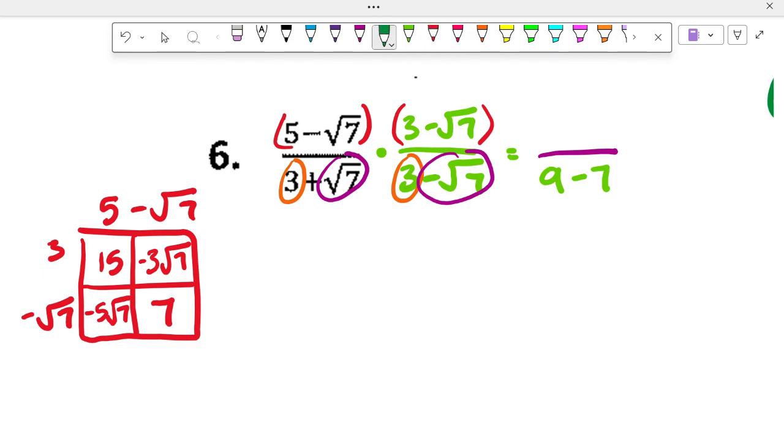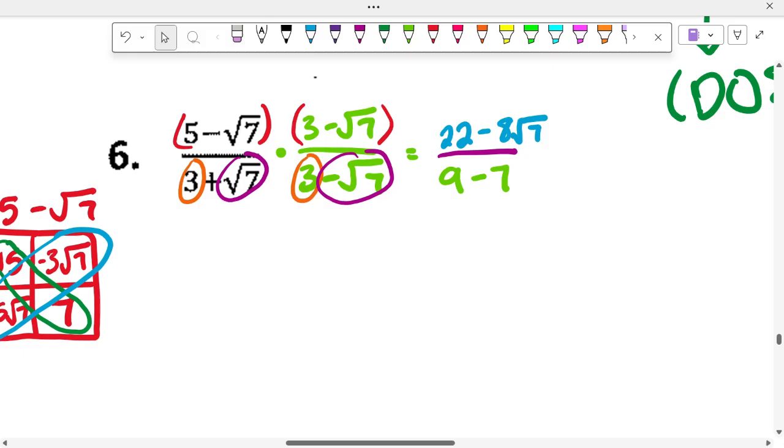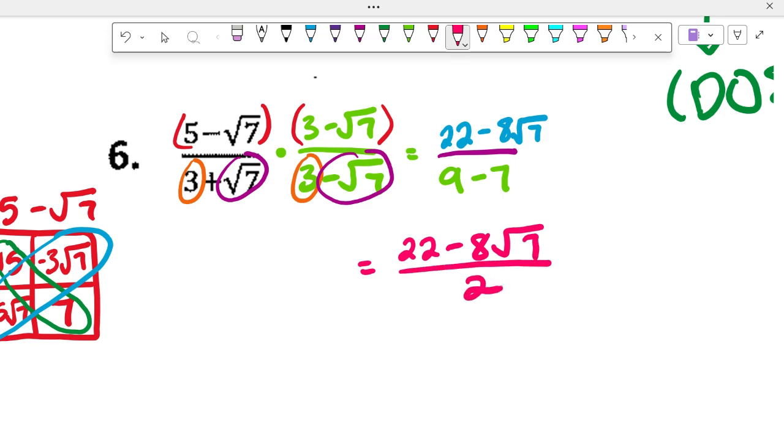So if I pull everything out and combine like terms, my like terms are here and here. So what's 15 plus 7? 22 minus what? 8 square root 7. Do a little simplifying. This would be 22 minus 8 square root 7 all over 2.